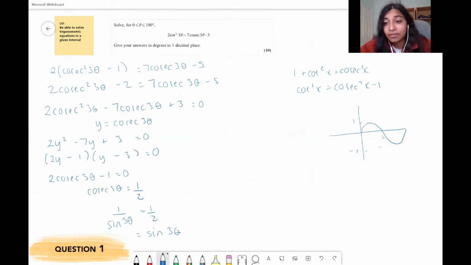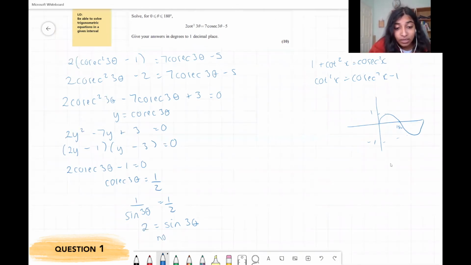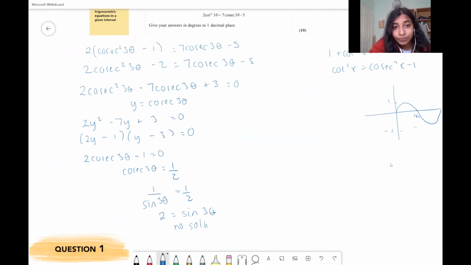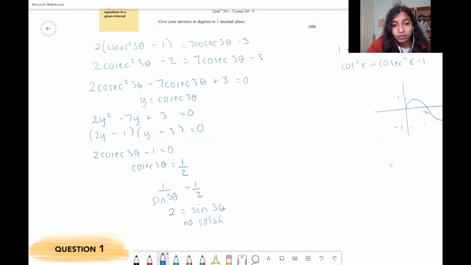So this value, which is 180, may squish to go to 60, but your maximum and minimum of 1 and minus 1 would stay the same. So sine 3 theta will never equal 2. So there's no solution for this one.